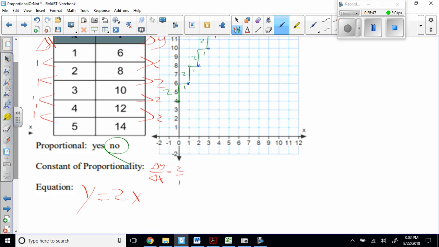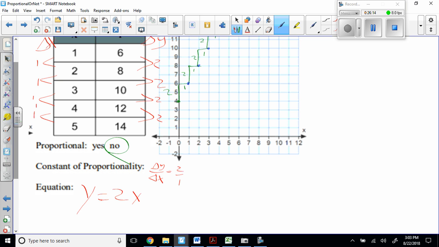But it says we ought to have a what? Well, maybe we made a mistake. Let's try another one. 2 times 2, right? Plug the 2 in for x. 2 times 2 is what? Is 4 the same as 8? Oh, so we're 2 for 2, so y equals 2x is not the equation. The constant of proportionality is 2. I 100% agree.